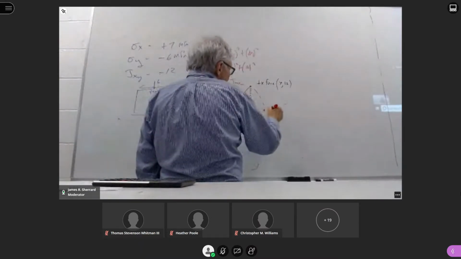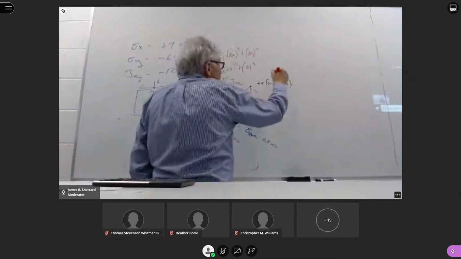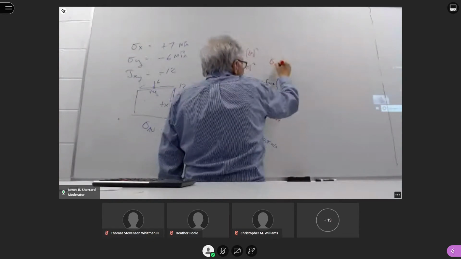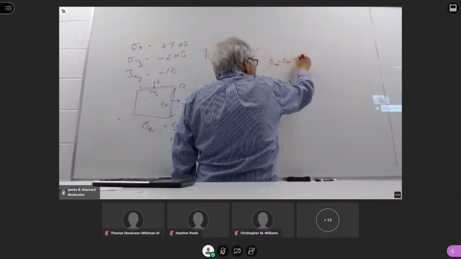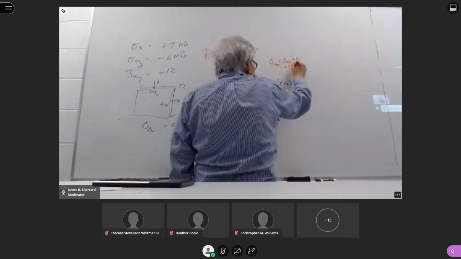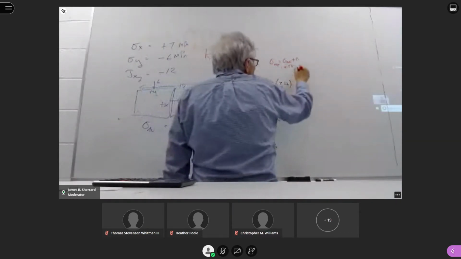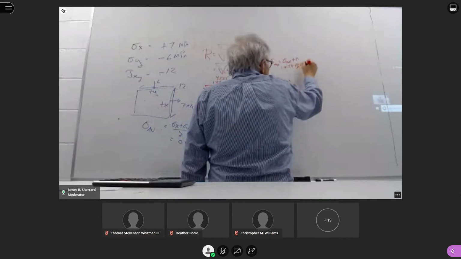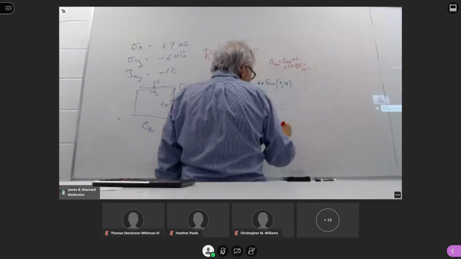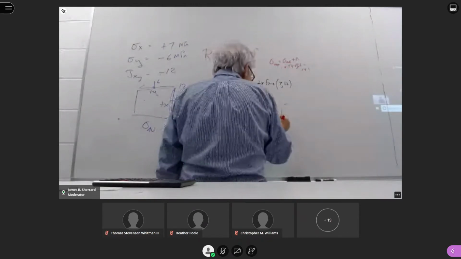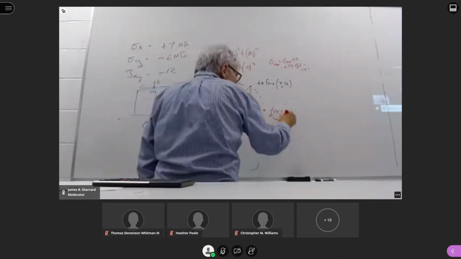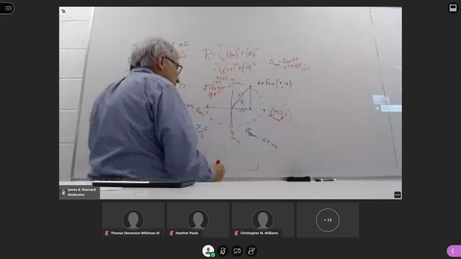So at sigma max here, we know that sigma max is equal to sigma average plus R, which is 0.5 plus 13.6, which is going to be 14.1. So this is 14.1, and since it's on this axis, tau is 0.